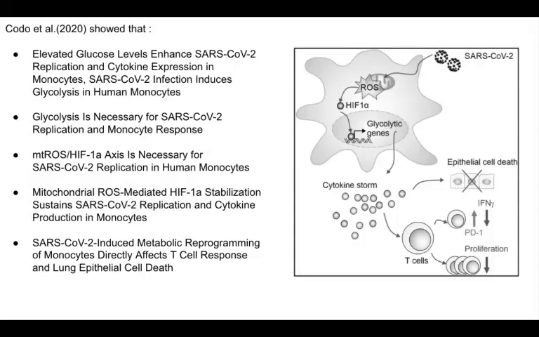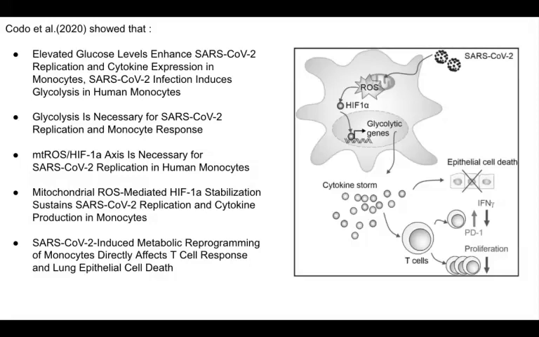The mTOR hypoxia inducible factor 1A axis is necessary for SARS-CoV-2 replication. Mitochondrial reactive oxygen species mediated hypoxia inducible factor 1A stabilization sustains SARS-CoV-2 replication and cytokine production in monocytes. SARS-CoV-2 induced metabolic reprogramming of monocytes directly affects T cell response and lung epithelial cell death.